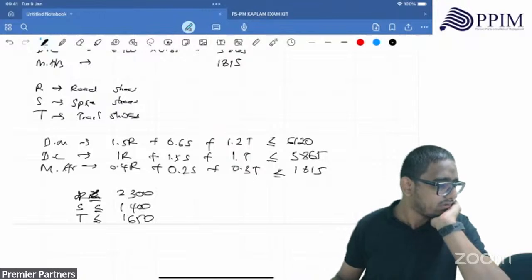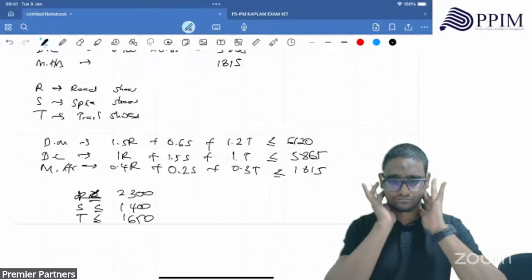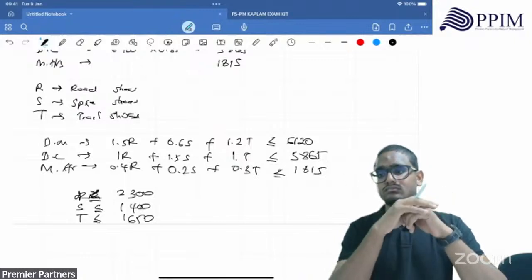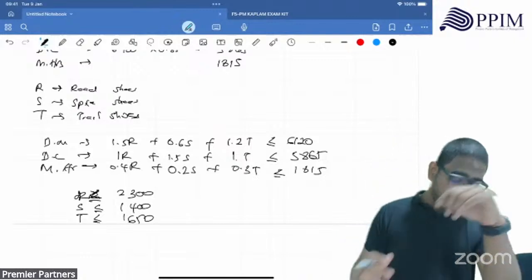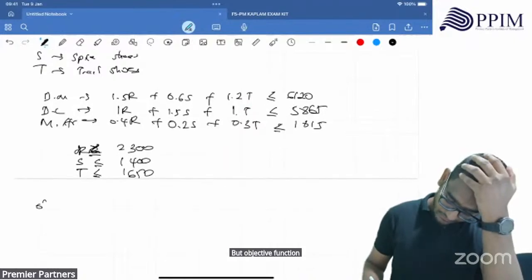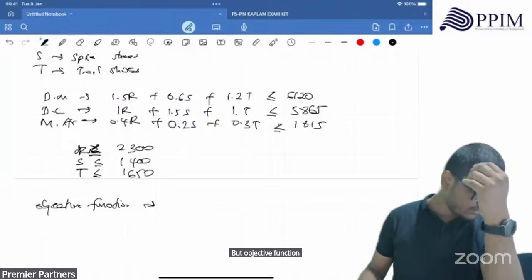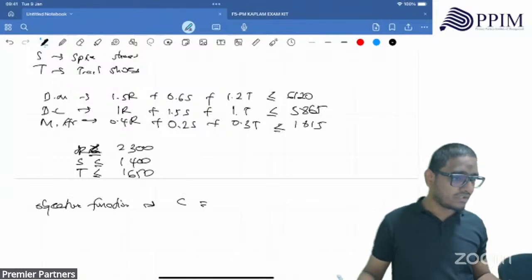Okay. But objective function. Z is equal to, what's your contribution?